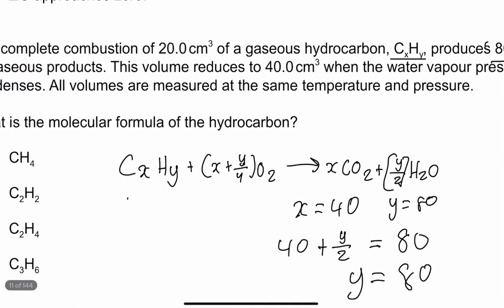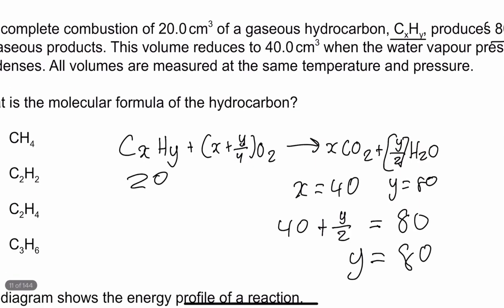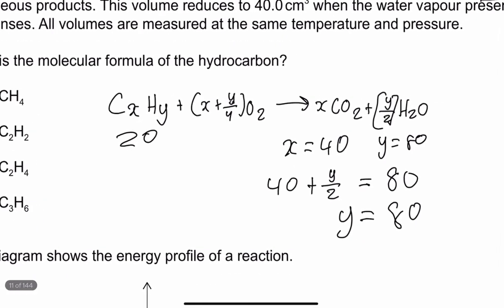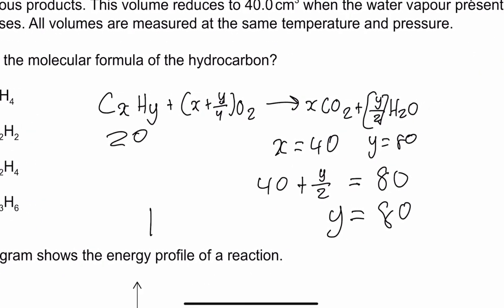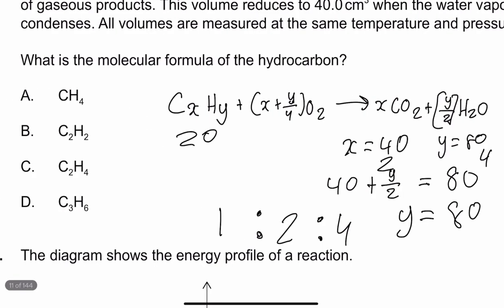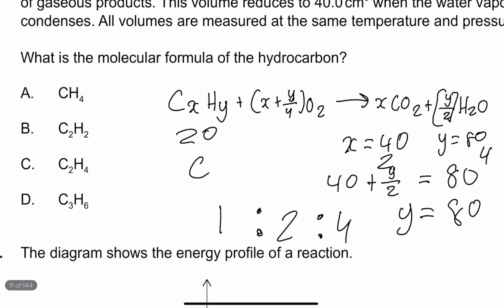So now we know that x equals 40, y equals 80, and for the complete combustion we started with 20 cm³. Now, if we make this a ratio, we can have this as 1 to 2 to 4. So our x is essentially 2, our y is essentially 4. And what this allows us to do is to just substitute our x and y as C2H4 just by using ratios.